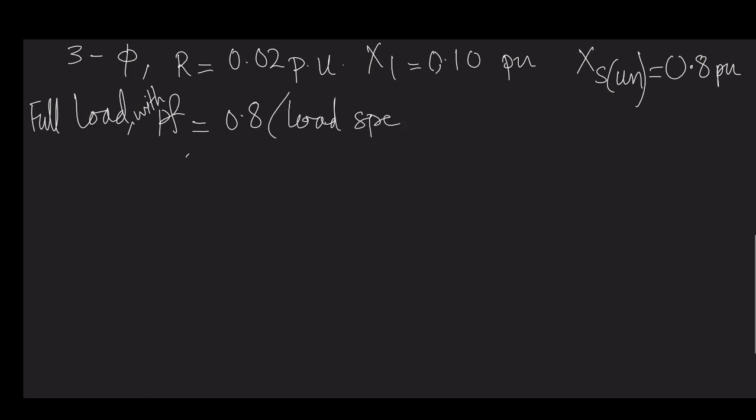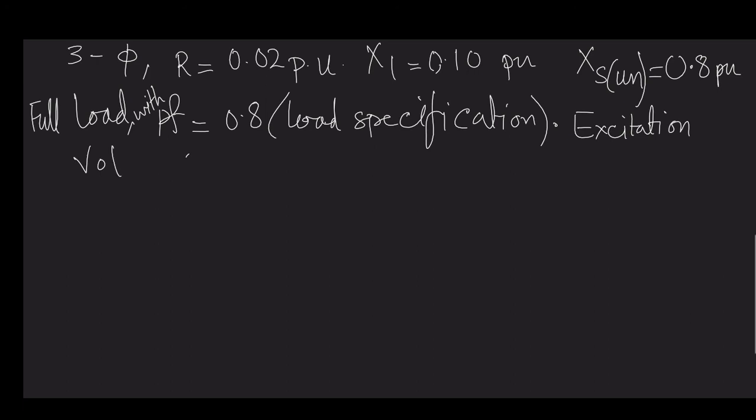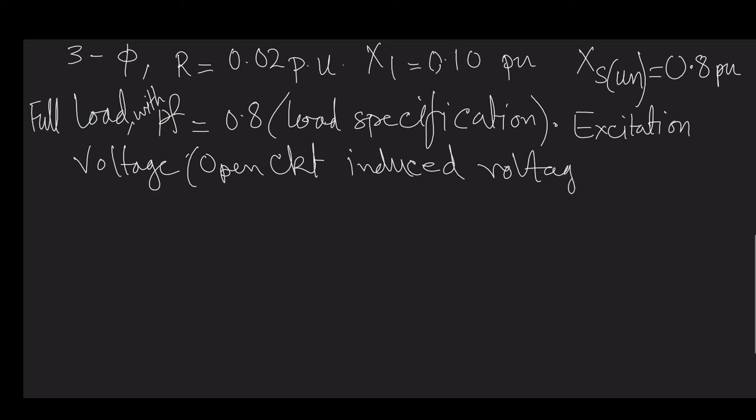This is our load specification. Well, then we have to determine the excitation voltage and load angle, also known as open circuit induced voltage, often denoted by E naught, and the saturation factor K. So K can be read from this table.